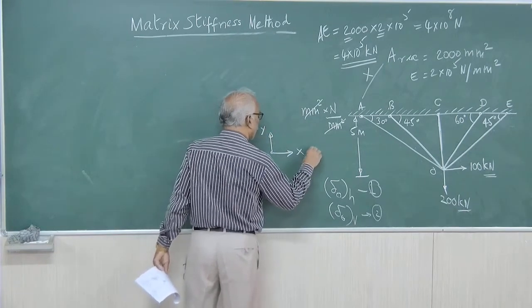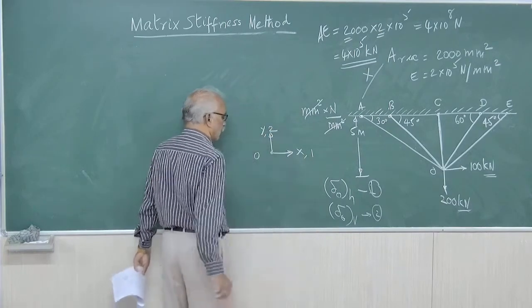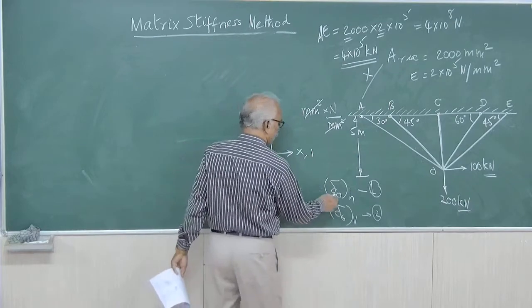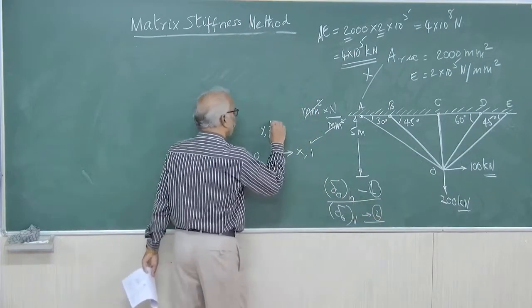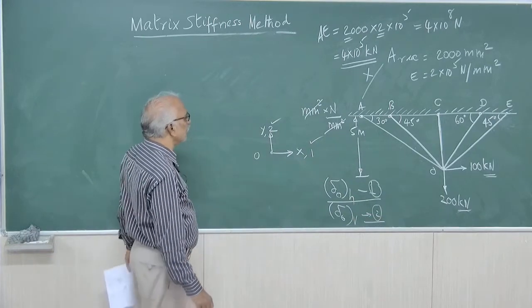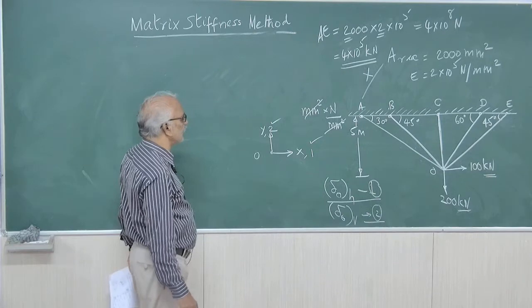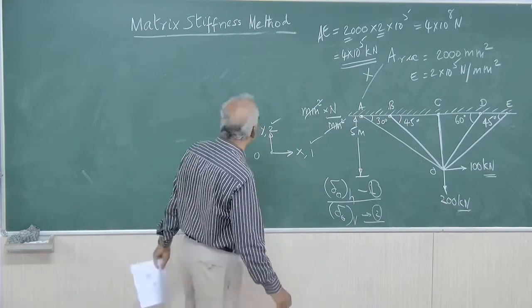Therefore, this is coordinate 1 or displacement 1, coordinate 2 or displacement 2. Horizontal direction it is 1, vertical direction it is 2. Right. Then we want the values of theta, because all these values are needed for calculations later.